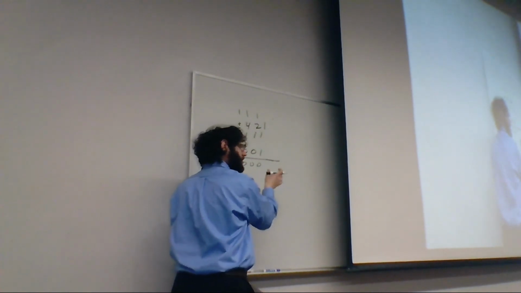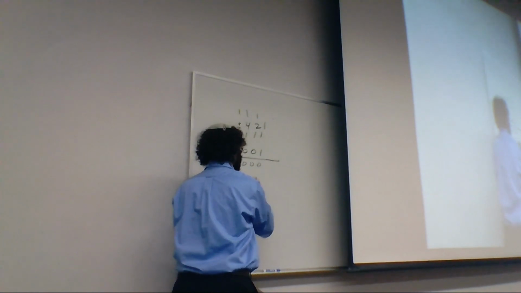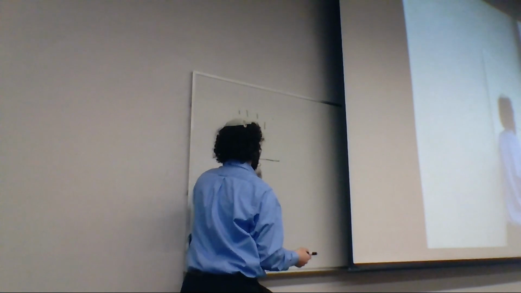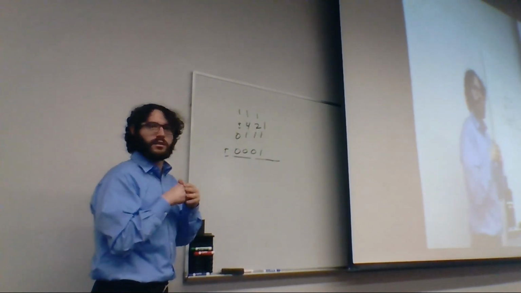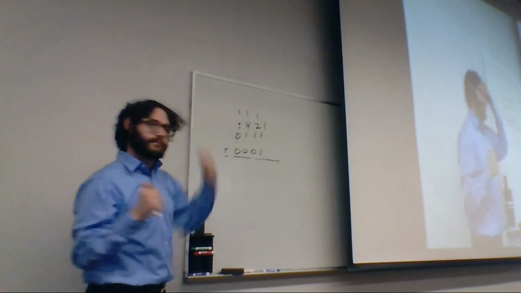It's never in reverse. Always flip the sign first and add 1. So the real value for this is 1, 1, 1. So this is, I think, -7 or -6. I can't remember off the top of my head. I think it's -6. But anyway, the point is that this is something called overflow. And that's what happens over here, just on a much larger scale.